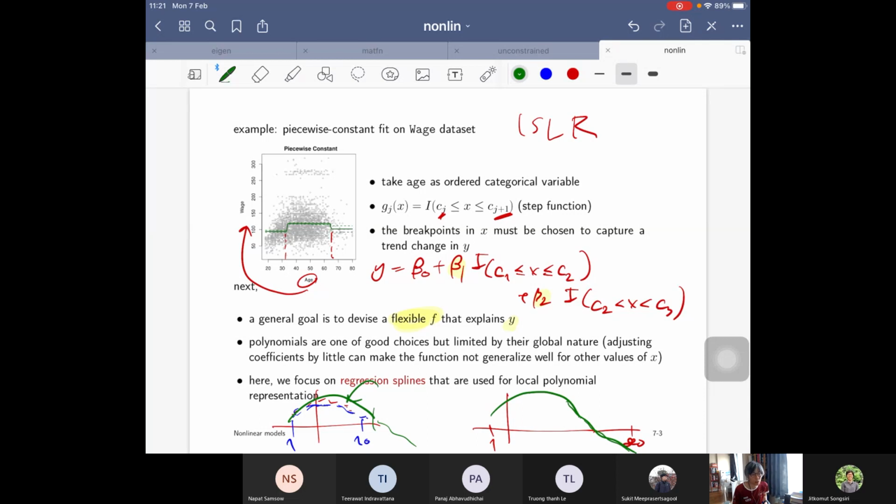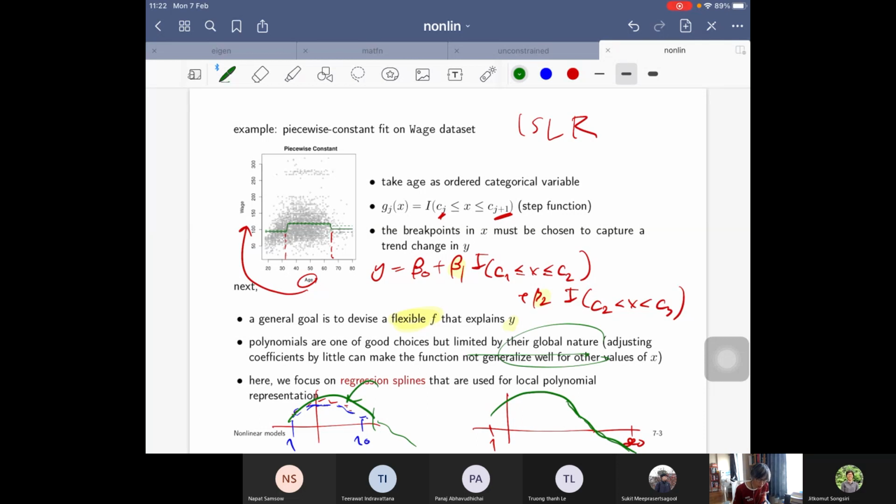And everyone knows that a polynomial function is characterized by the polynomial coefficients. If you just tweak those coefficients a little bit, its behavior can change. So polynomial models may be limited by this observation, by their global nature.